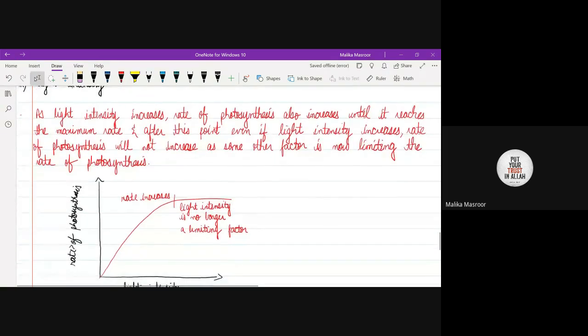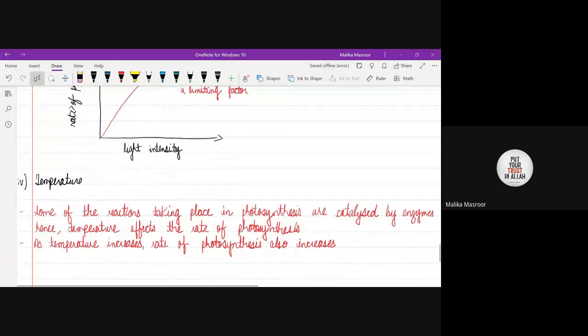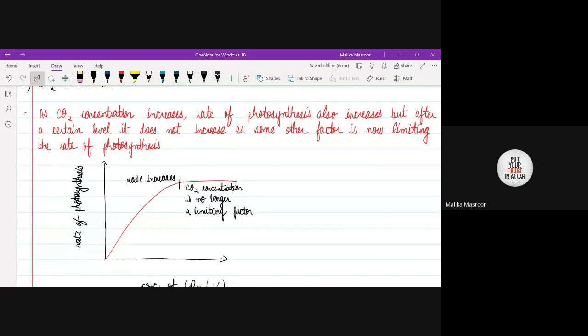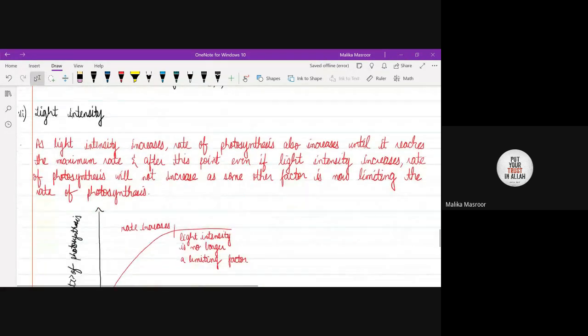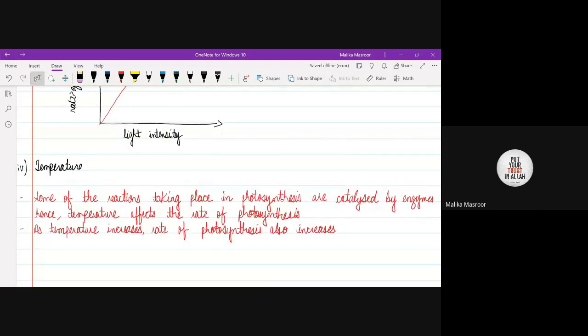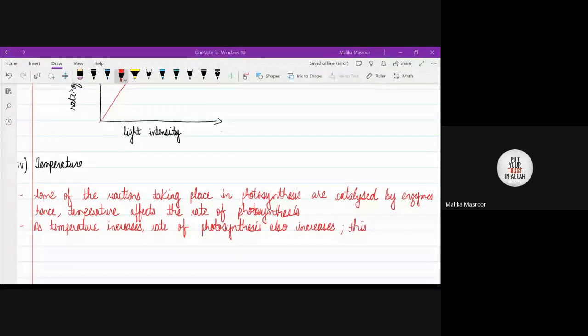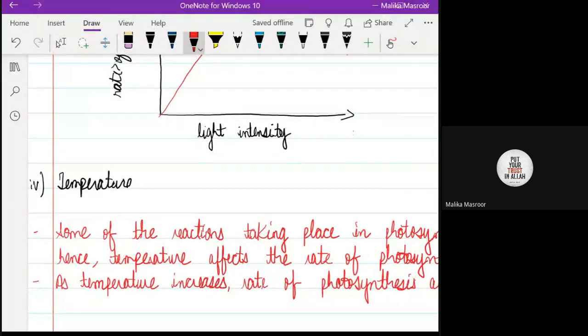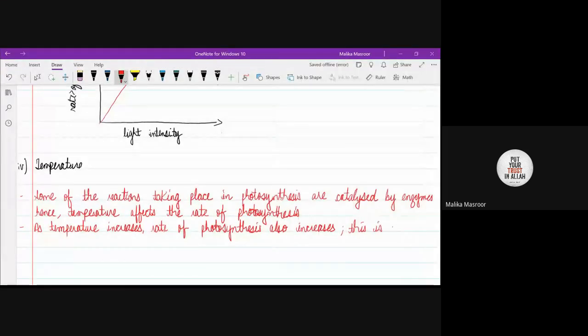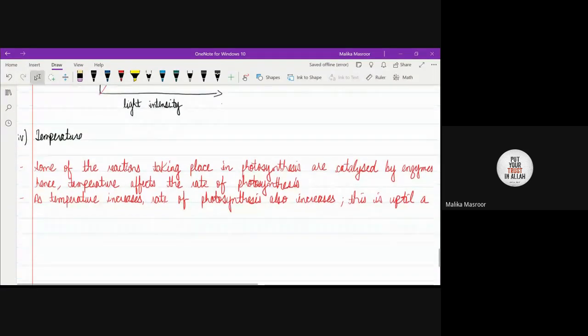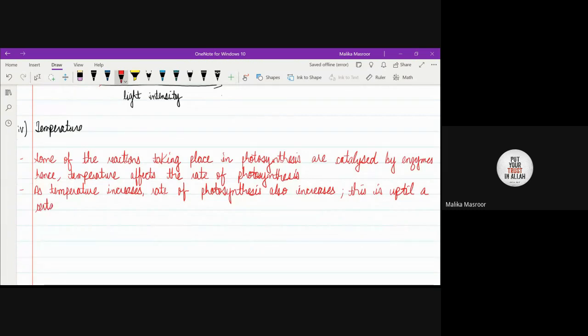Like we talked about carbon dioxide, this is up till a certain point, and after a certain level the rate does not increase. And why is that?